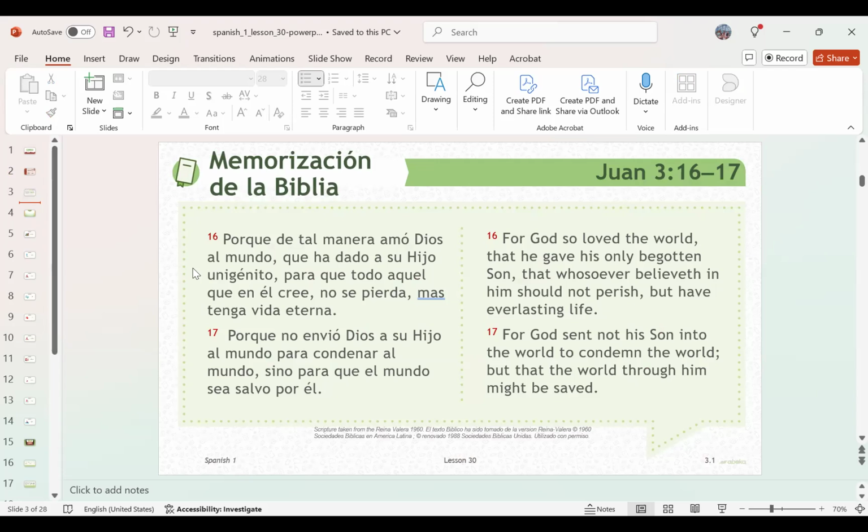You have a new Bible verse for this unit, and this is Juan 3, del 16 al 17. Guys, these are some easy points that you are missing. In the past two tests, you haven't been able to complete the Bible verse.